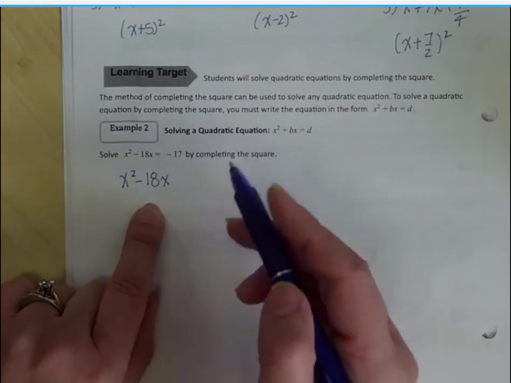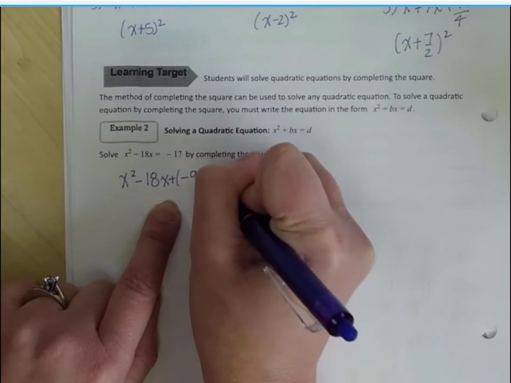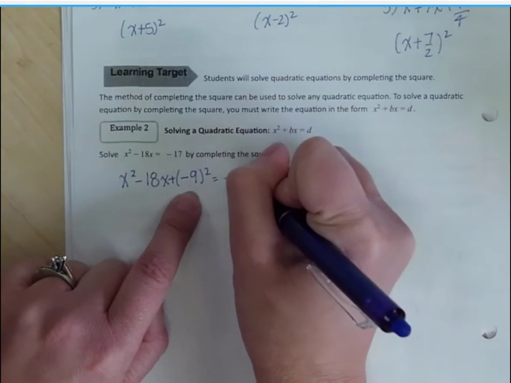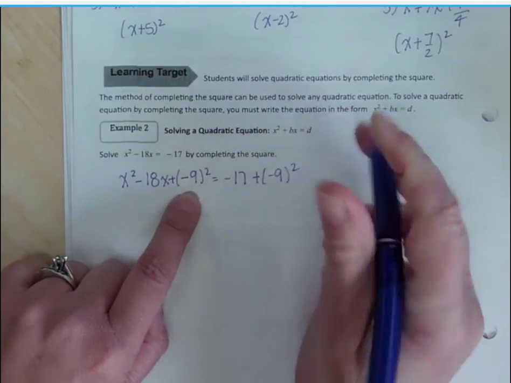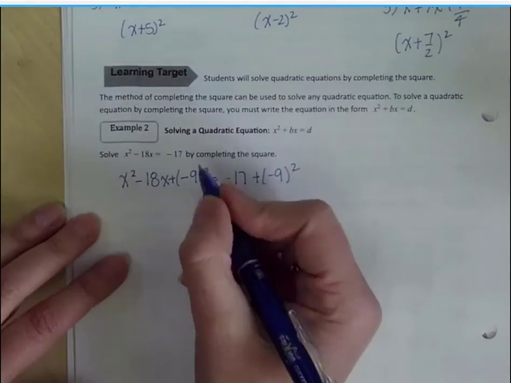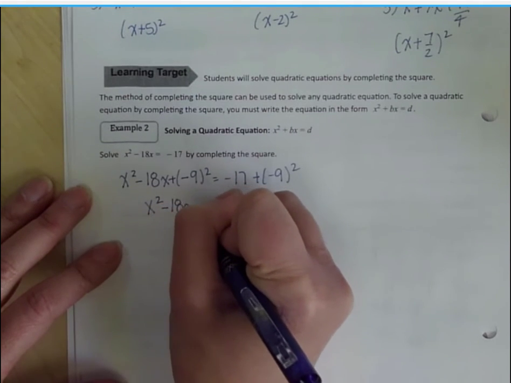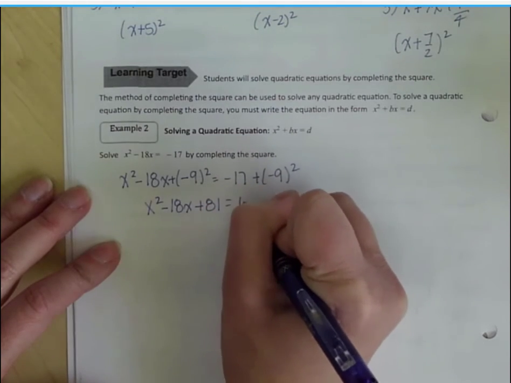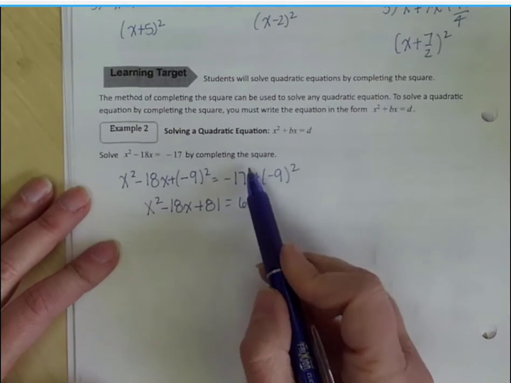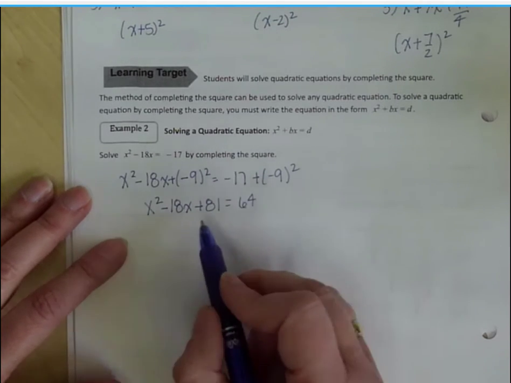Square that. So we're going to add negative 9 squared. But remember, what I do to one side, I need to do to the other, or I'm no longer balancing the equation. So I've got x squared minus 18x plus 81 equals 64. Negative 17 plus 81 is going to give me 64.